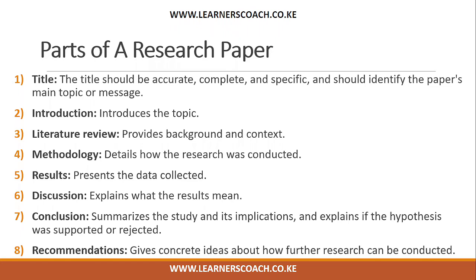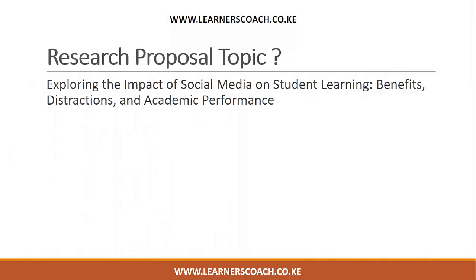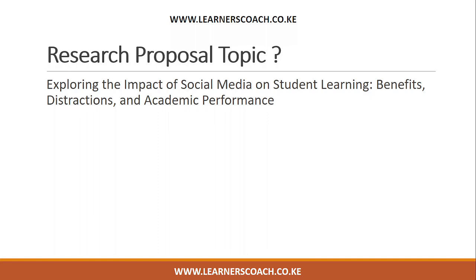So we are going to have them somewhere so that we keep on prompting the AI to give us the correct information. But as I'd mentioned earlier on, or in the previous video, we talked about research proposal topic. So you need to have a topic. And our topic that we discussed was about exploring the impact of social media on student learning, factoring the benefits, distractions, and academic performance.